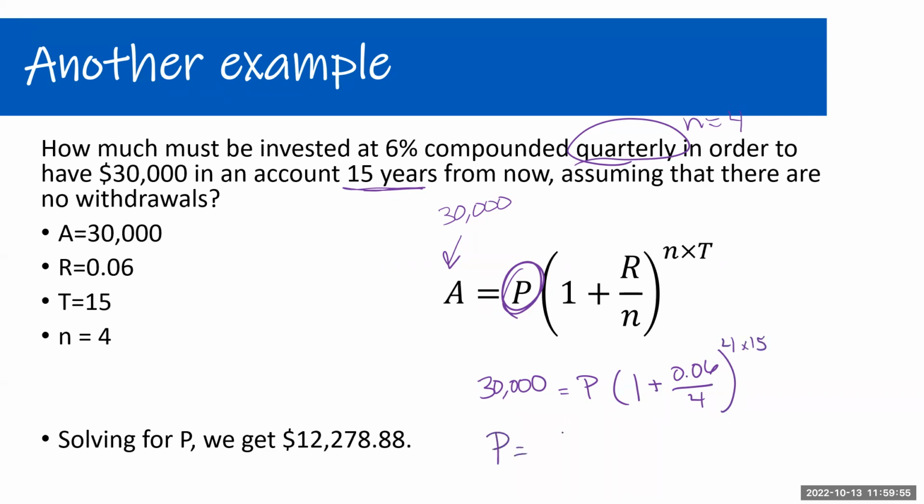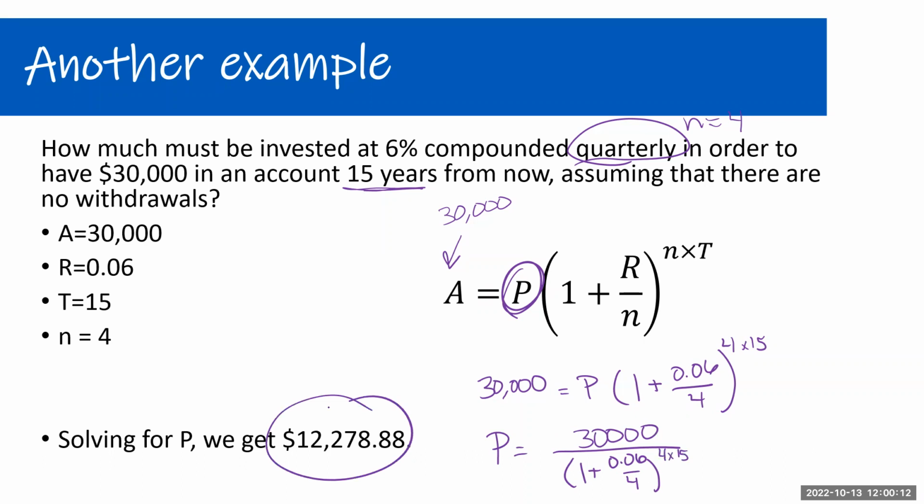So P is going to equal that 30,000 divided by 1 plus 0.06 over 4 to the 4 times 15. That's going to give you $12,279-ish.